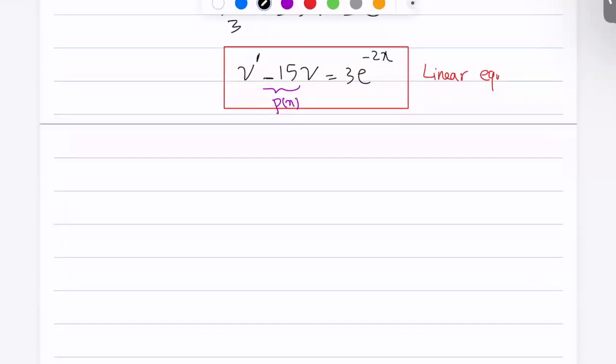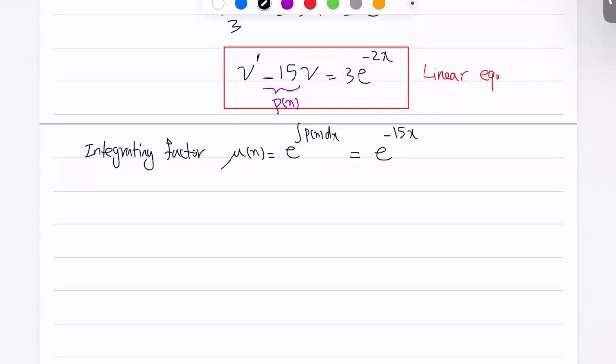You just need to find the integrating factor, mu, just e to the integral of p of x dx. And in this case, that's just e to the negative 15x.